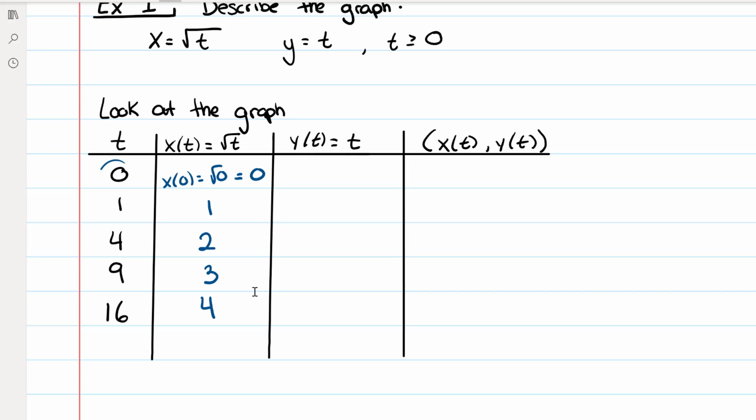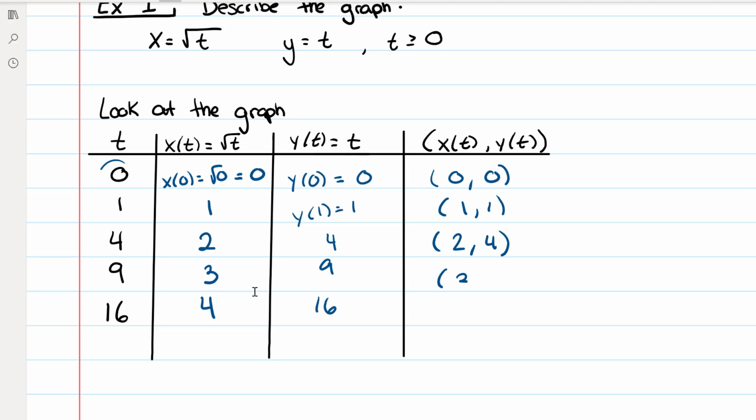And then for the y value, you plug it into the y function. So you get 0, y of 1 is 1, and then 4, 9, and 16. Those are going to be our ordered pairs: 0, 0; 1, 1; 2, 4; 3, 9; and 4, 16.